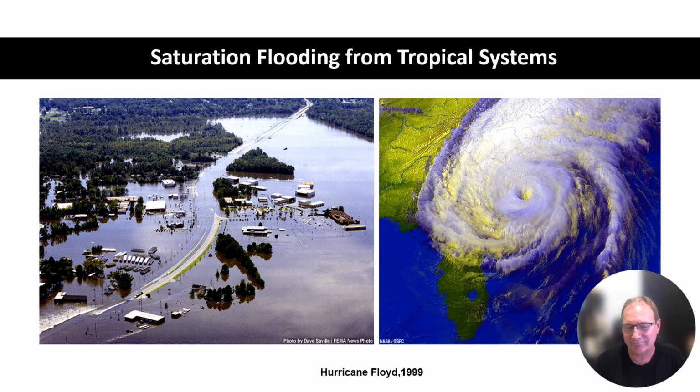It really troubled weather forecasters as it slowly moved up the Atlantic seaboard before it finally came ashore. But it was a much weaker storm when it came ashore, but it still had collected all of this rainfall potential that it deposited on eastern North Carolina, much like Hurricane Harvey did over Houston. And so when you have that type of saturated flooding, it can be really dramatic and can be quite profound.